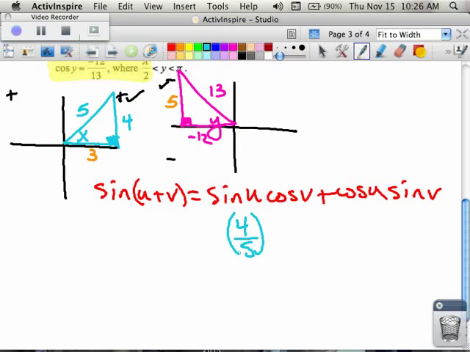In the V triangle, which is really the same as y, my cosine is negative 12 thirteenths. I'm color coding it so you can see which triangle they came from. The cosine of u, which was from the blue triangle, is 3/5. And the sine of v, which is from the pink triangle, is 5/13.